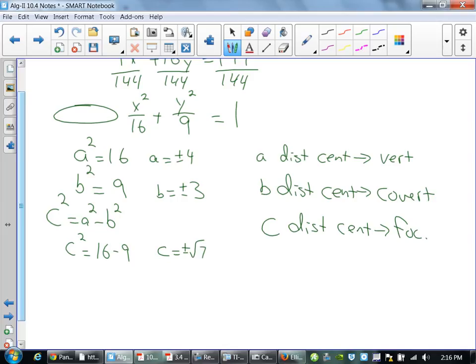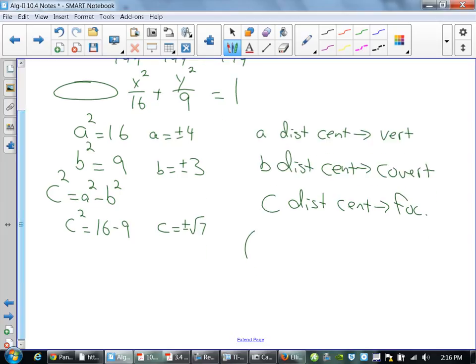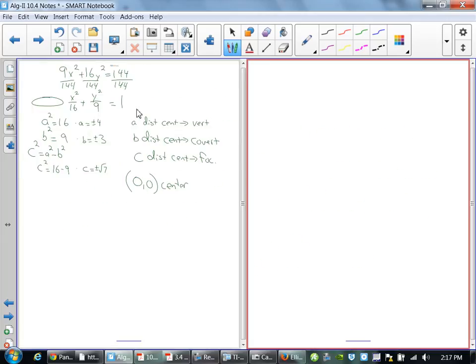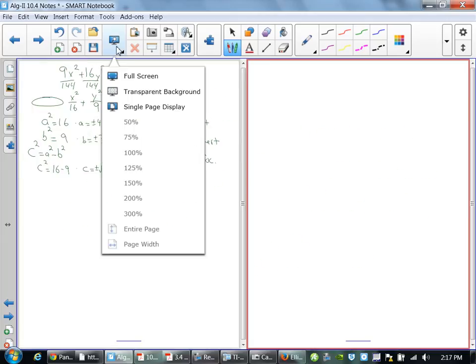We know our center is located where? 0, 0. I have my A, my B, and my C. What I'm going to do here is put this on a separate dual side and see if we can make this work.